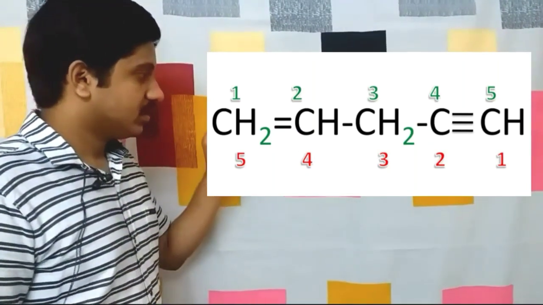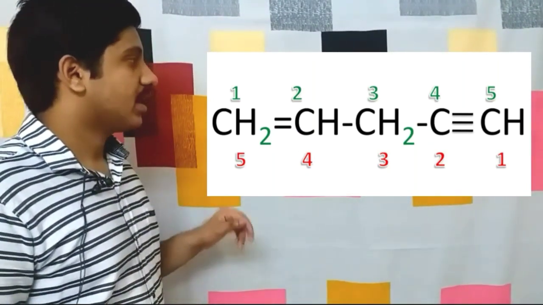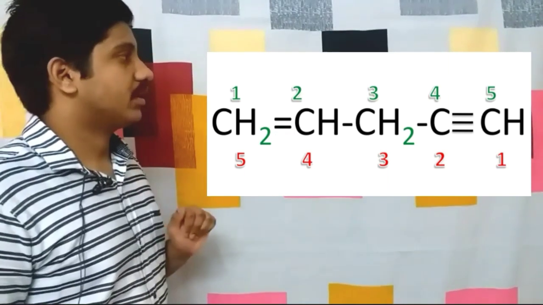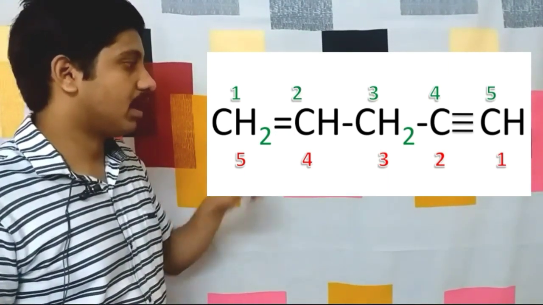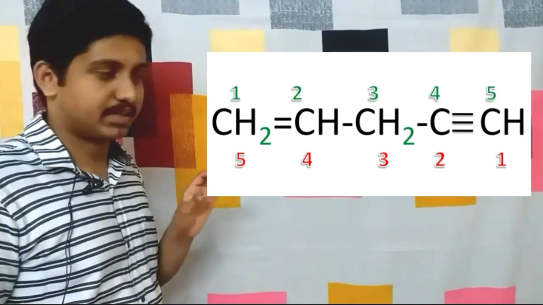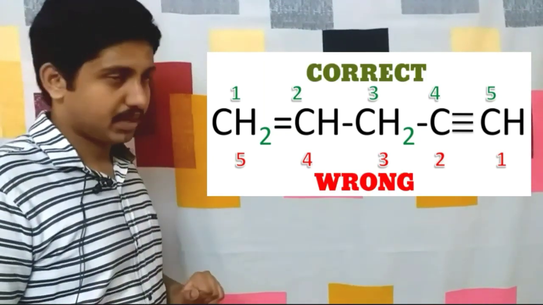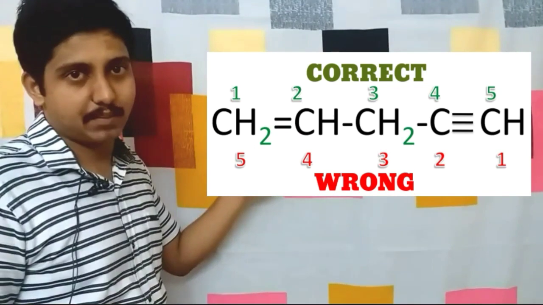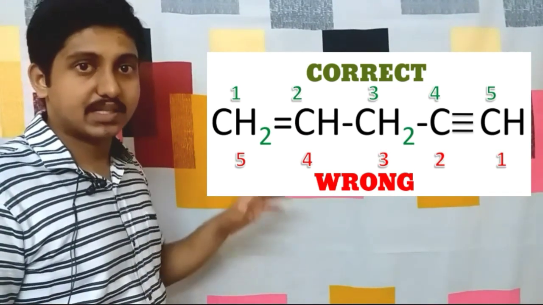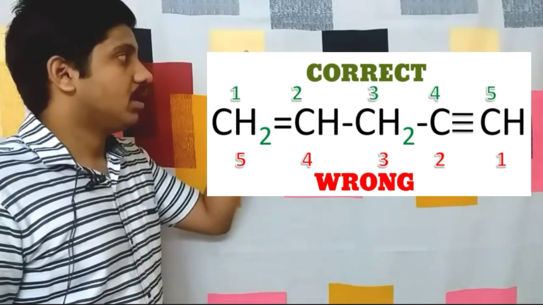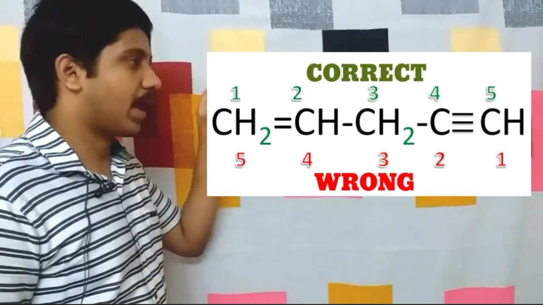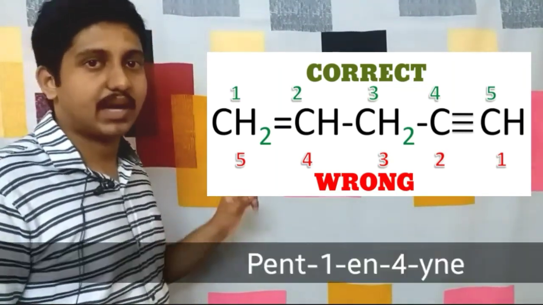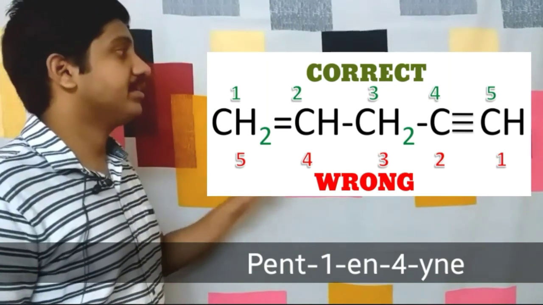Here, there are two ways of numbering, and in the first case, the double bonded carbon atom will get the number 1, while in the second case, the double bonded carbon atom will get the number 4. Hence, we have to choose the first numbering. Here you can see that the lowest locant rule applies to both, that is 1 plus 4 and 4 plus 1, and hence we have to choose the first one, and that is pent-1-en-4-yne.